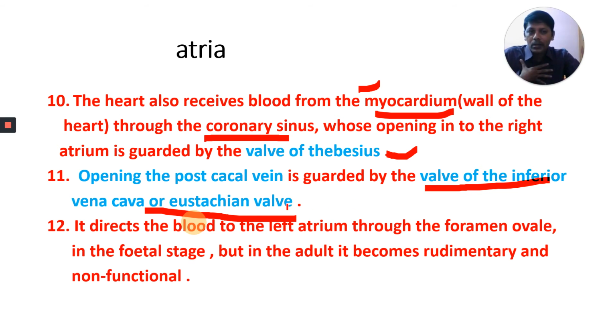But this valve is not functional in our heart because the foramen ovale is closed. What is the function of the Eustachian valve? You learned about the Eustachian tube, which connects the pharynx with our middle ear, made up of elastic cartilage. This is the Eustachian valve, or valve of the inferior vena cava. It directs the blood to the left atrium through the foramen ovale in the fetal state.